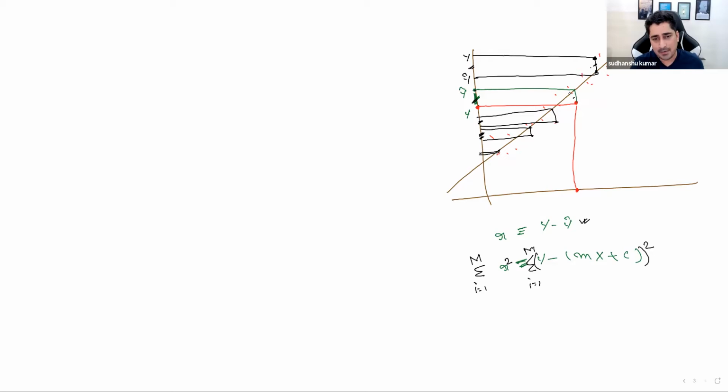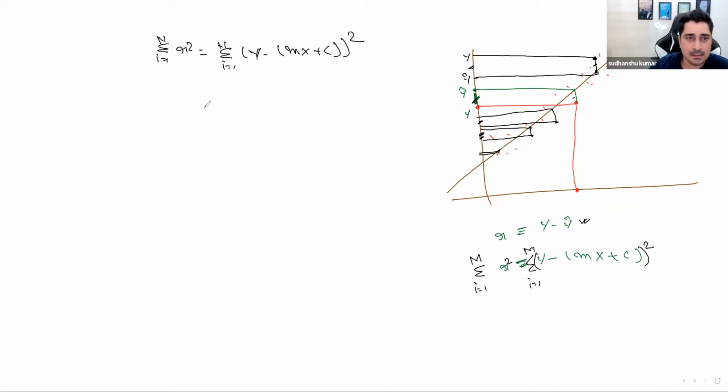Now here, if I ask you to break down these things, if I ask you to rewrite this entire equation, maybe I can rewrite it this way: summation of i equal to 1 till n of r squared, which is summation of i equal to 1 till n of (y minus (mx plus c)) squared.